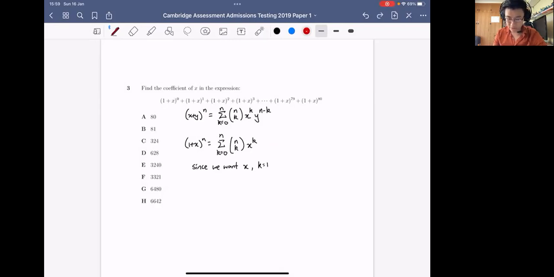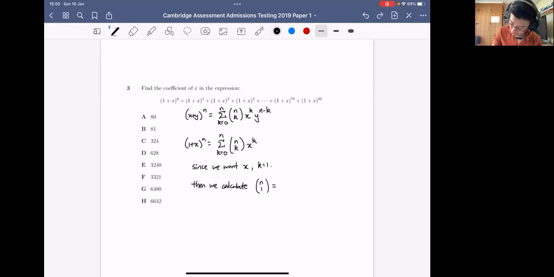So we ignore everything else except when k is equal to 1. And then we calculate n choose 1, which is just n.